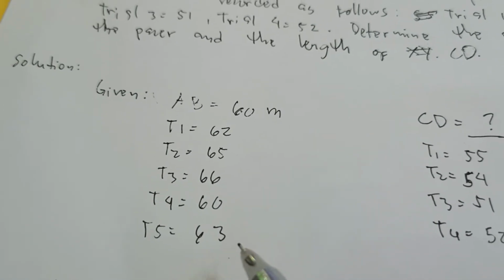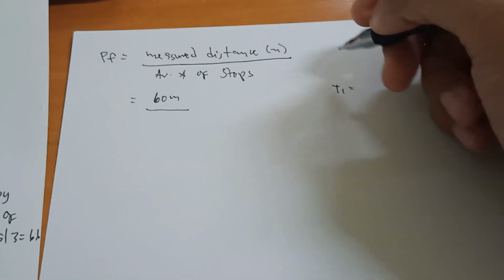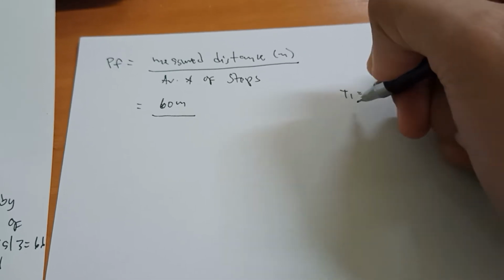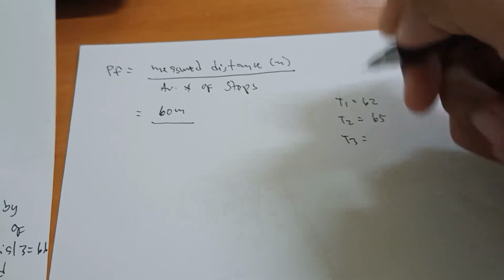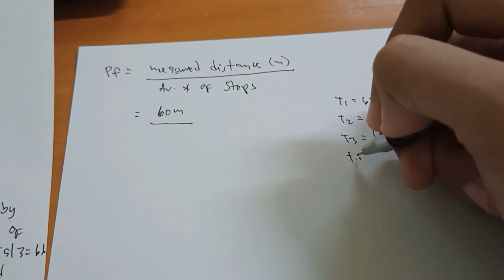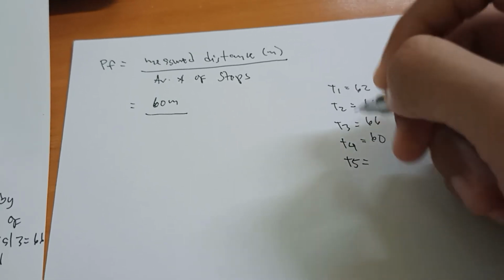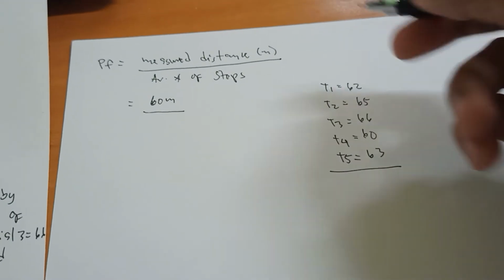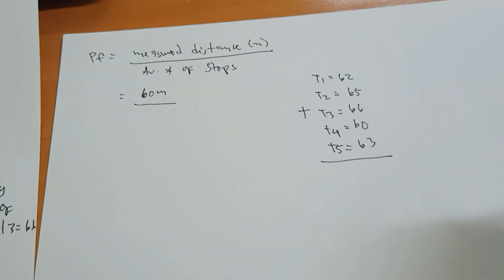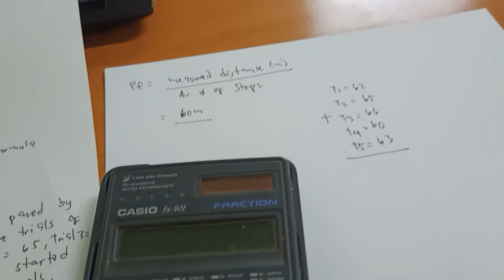Let's write it again here. T1 is equal to 62, T2 is equal to 65, T3 is equal to 66, T4 is equal to 60, T5 is equal to 63. In order to get the average, just add them all.